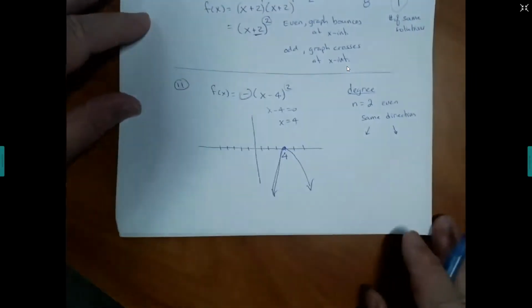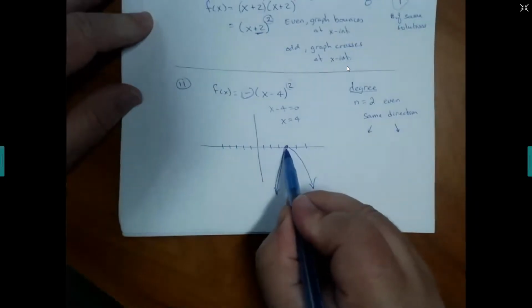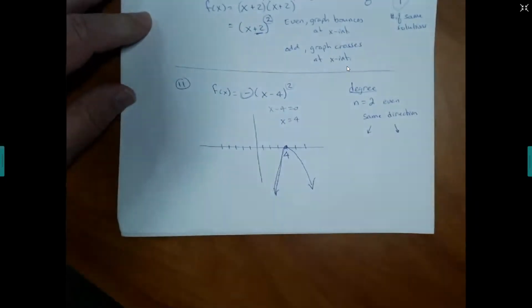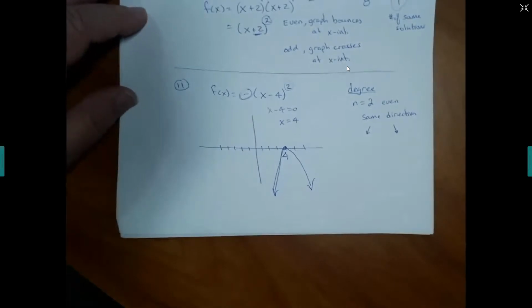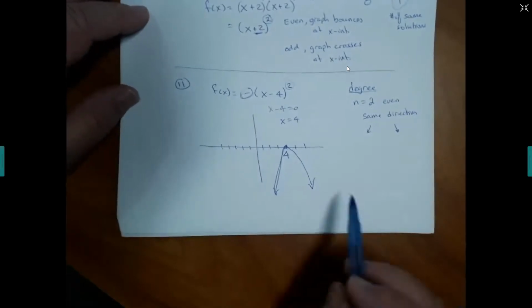The graph looks something like this. It just touches at 4 because it's an even degree, an even multiplicity. So it bounces at 4.